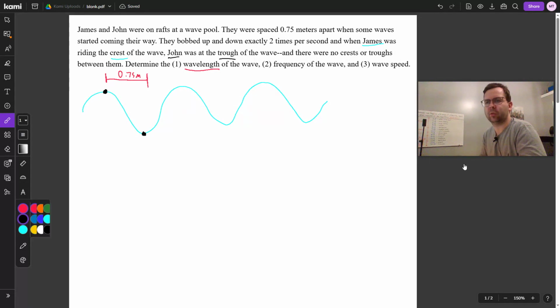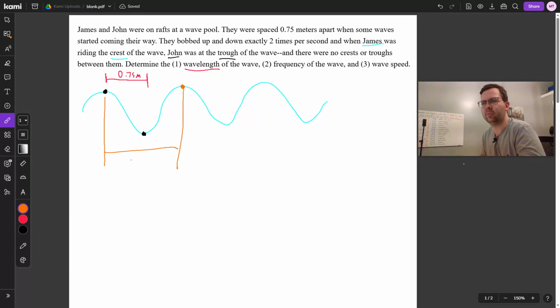The wavelength of a wave is the distance from one crest to the next crest, or from one trough to the next trough, or the distance between 2 consecutive repeated points on a wave. What we're given, though, is not the wavelength. We're given the distance between the crest and the trough. But that's really just halfway to the wavelength, because the wavelength would be the full distance from one crest to the next crest.